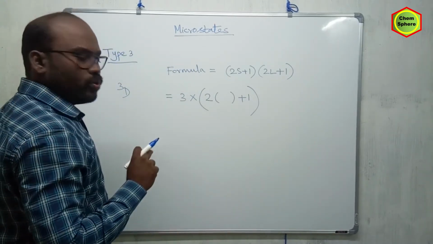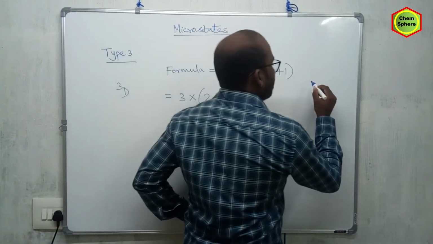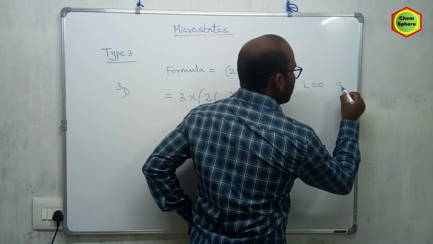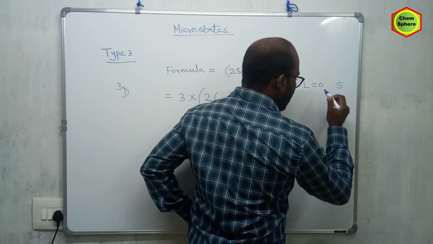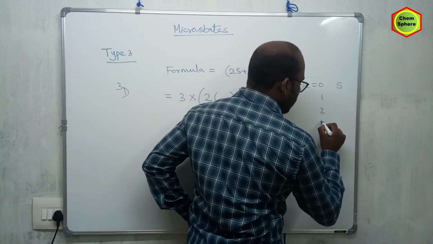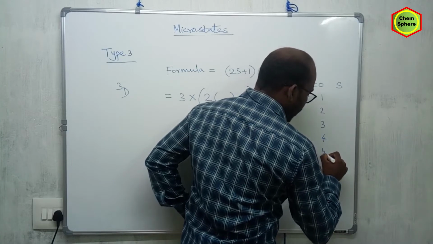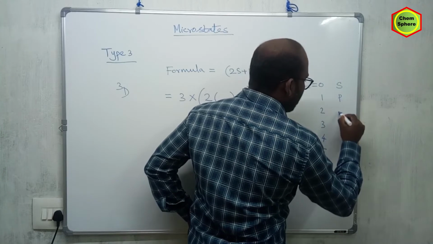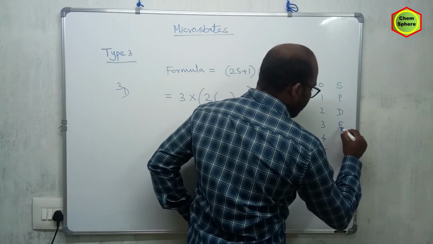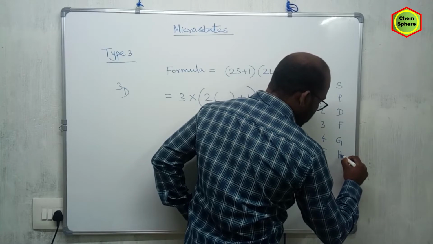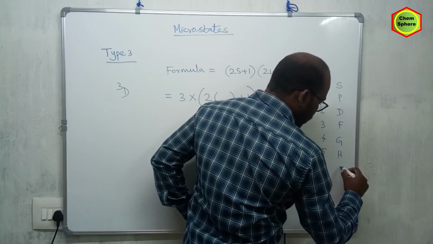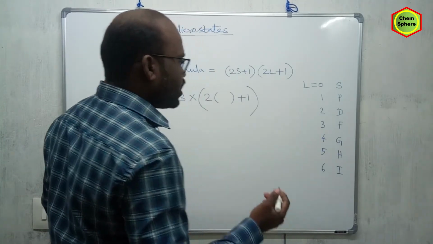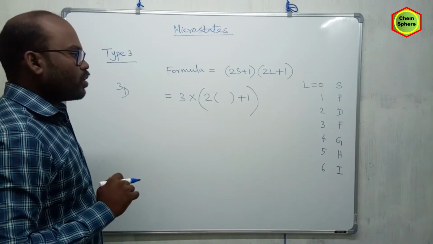So when we come to terms, the representation is like, when L is 0, the representation will be S. When we keep on going 1, 2, 3, 4, 5 and 6, it will go on S, P, D, F, G, H, I. J will not come because J is the total angular momentum quantum number.